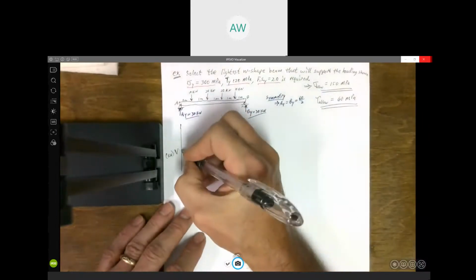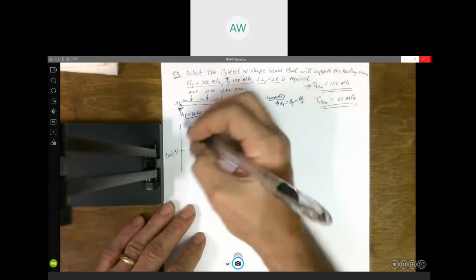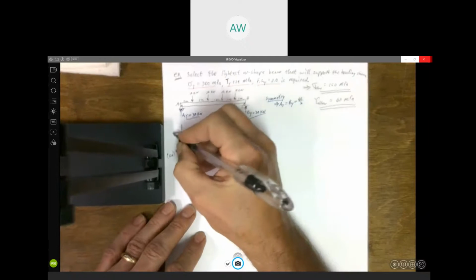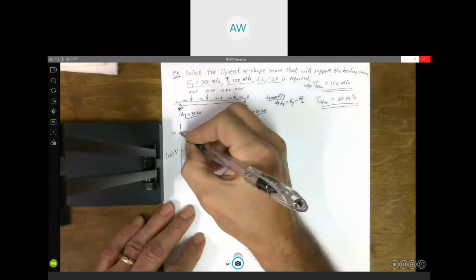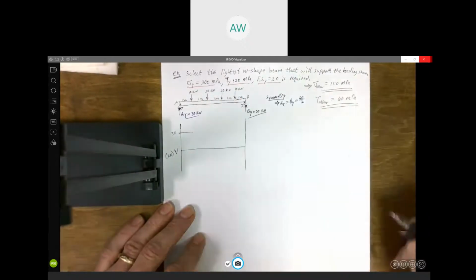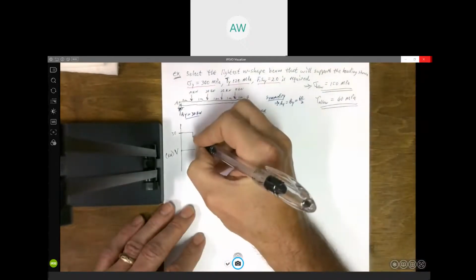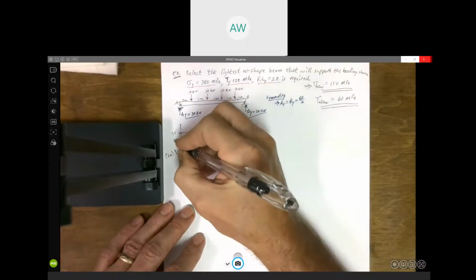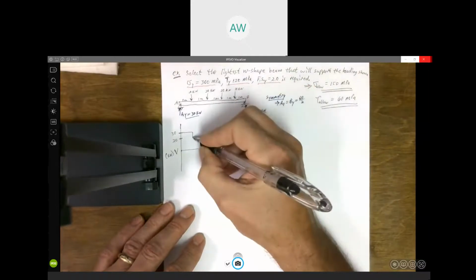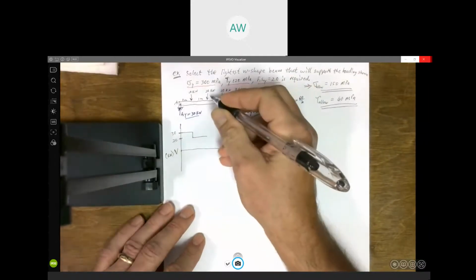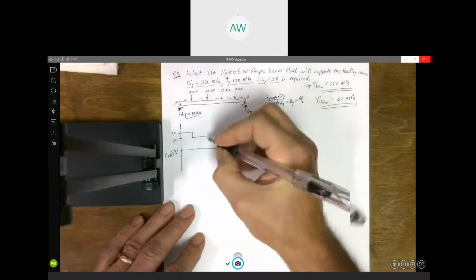Here at this end, it's going to be whatever that support reaction is. So we're going to start up here at 30 kilonewtons. And it's constant. It doesn't change except when the load changes. So we're going to go down 10. Put me at 20.